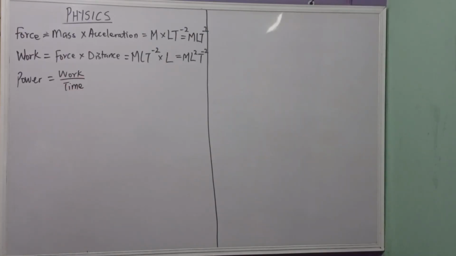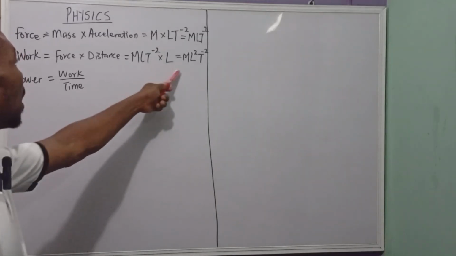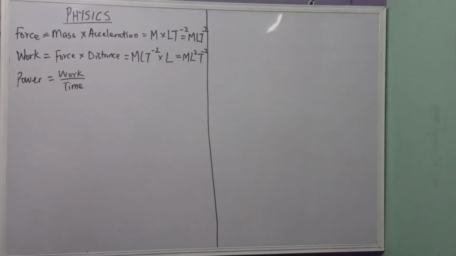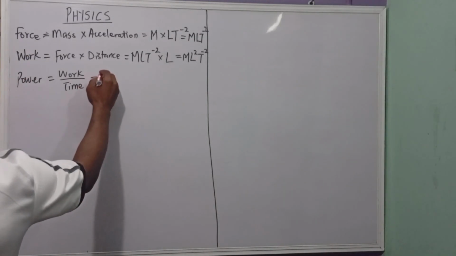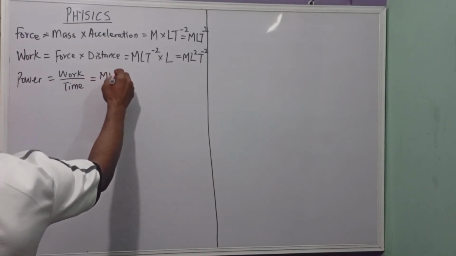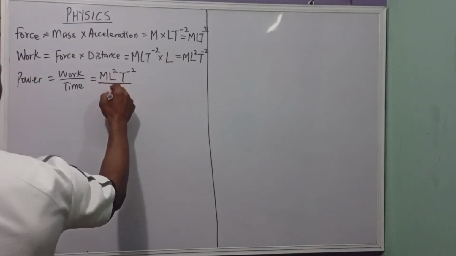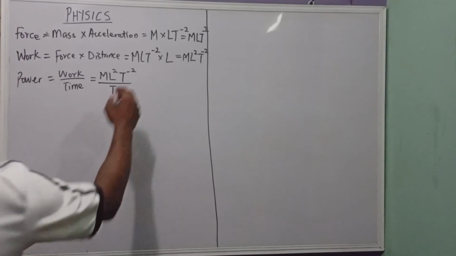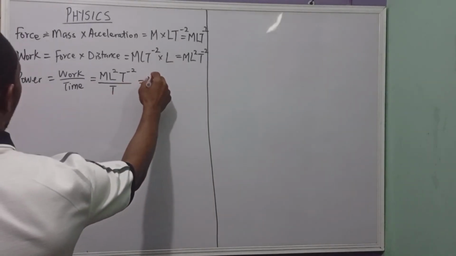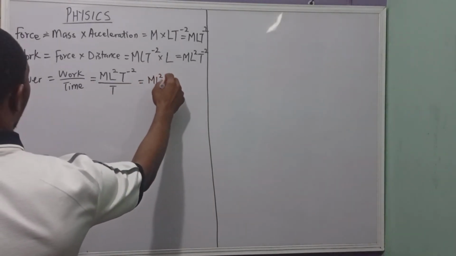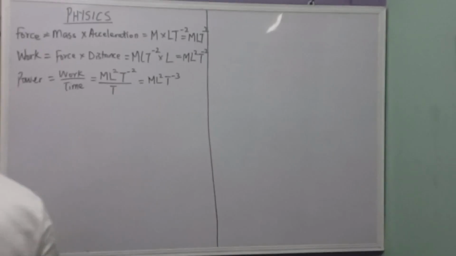As earlier defined, our work becomes M L squared T raised to minus 2, all over T, which is for time. So our power becomes M L squared T raised to the power minus 3.